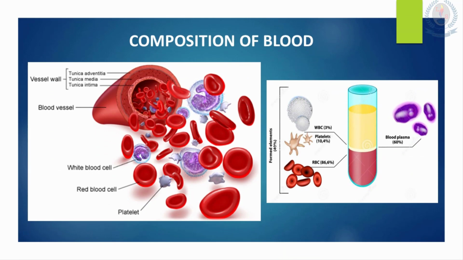Here you can see the composition of blood, how the red blood cells, white blood cells and platelets are present in a blood vessel. In the second picture you can see the color of the blood plasma, the white blood cells and also the red blood cells.